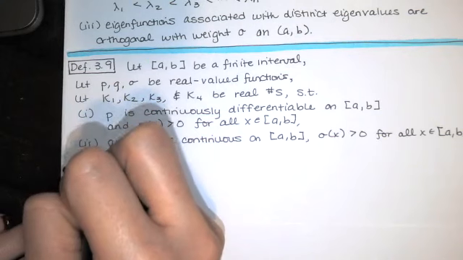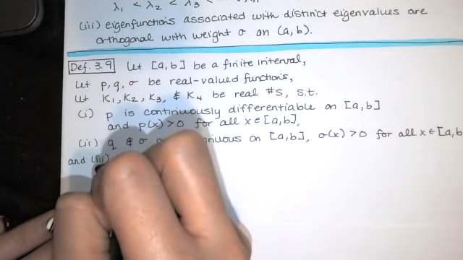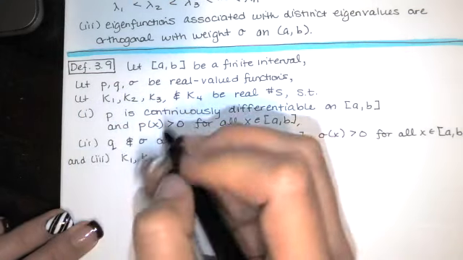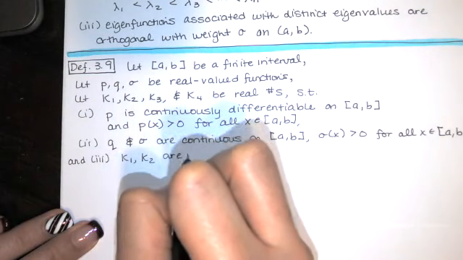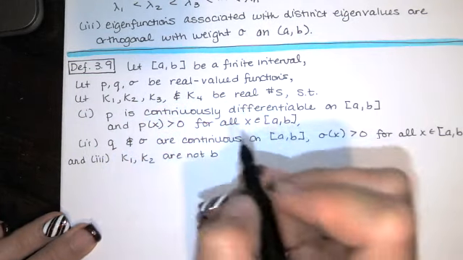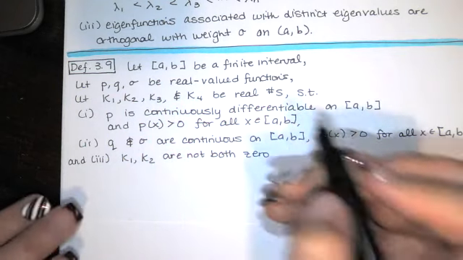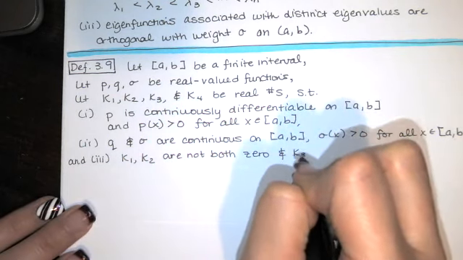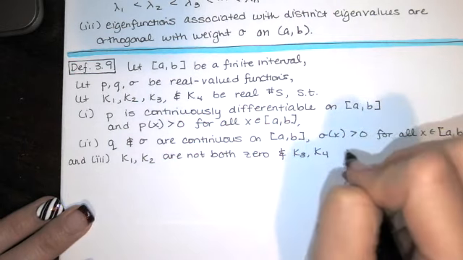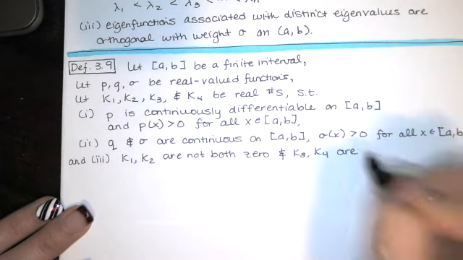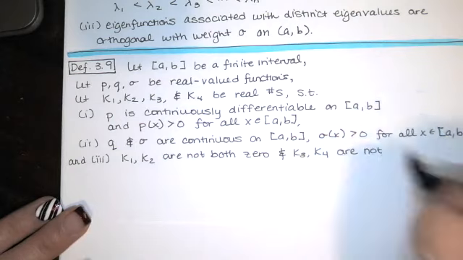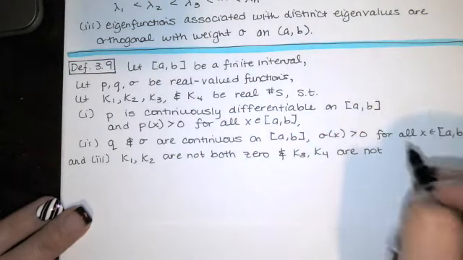And finally, we want kappa 1 and kappa 2 to not both be 0. And we want kappa 3 and kappa 4 to not simultaneously be 0.